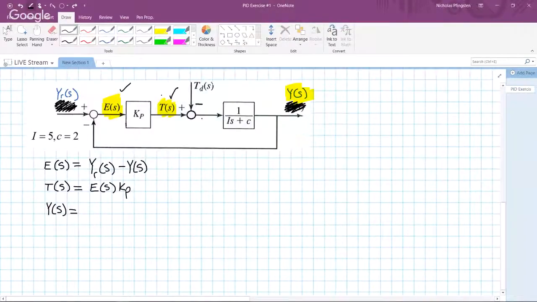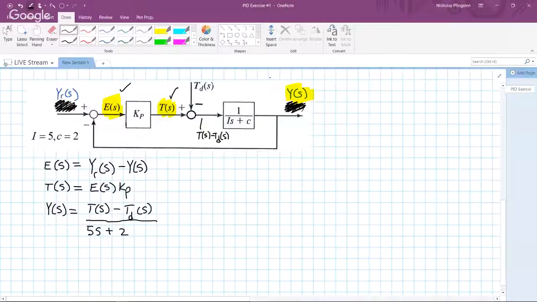Well, this piece right here is just capital T of S minus T sub D of S. So when we have this, it's simply just T of S minus T sub D of S all over 5S plus 2. So there we have 3 equations, and the goal is we want the closed loop transfer function.